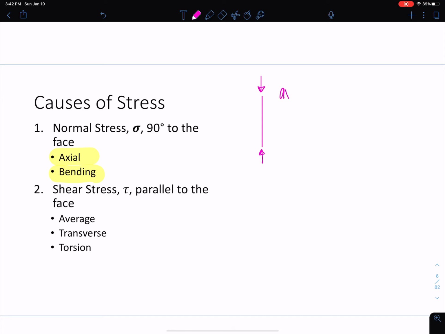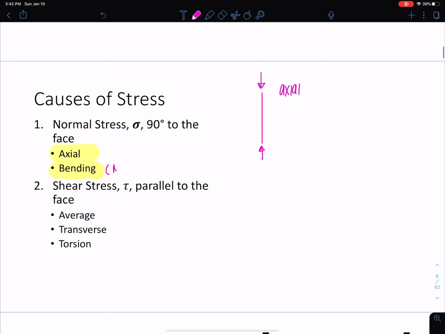This is axial force, like a column. It can happen on a beam too, but typically it's a column. Bending is when we're talking about things like moment. Axial is where we're talking about normal force. This is that tension or compression.